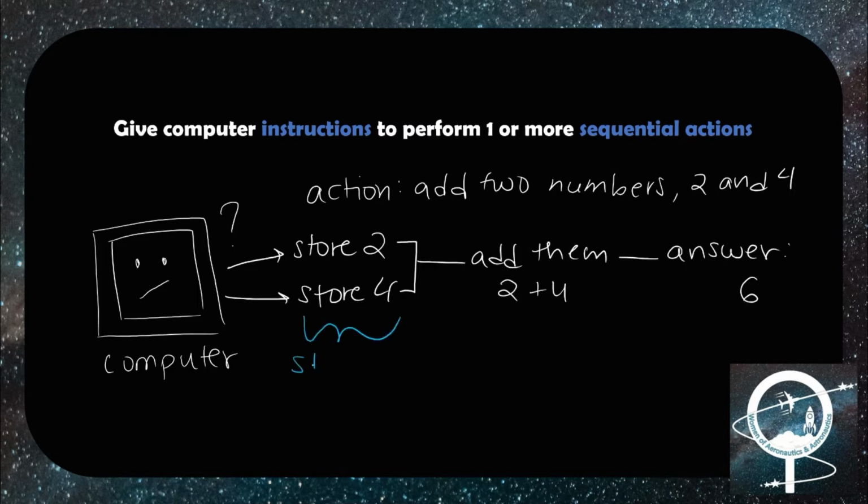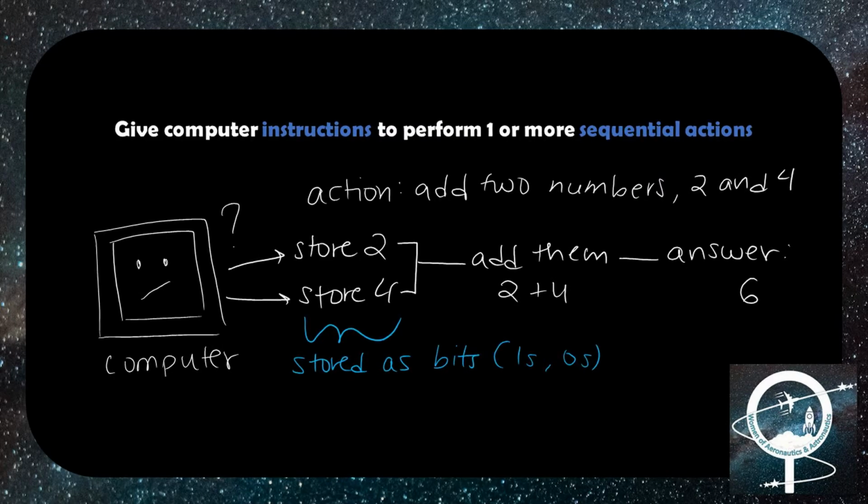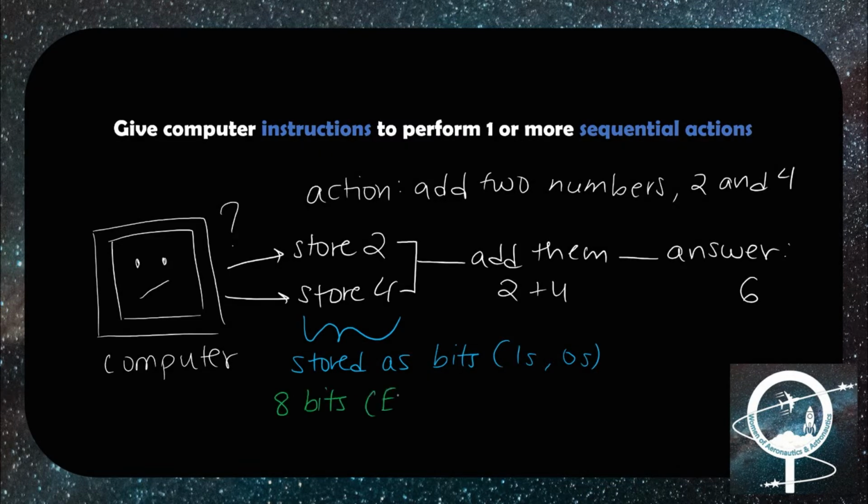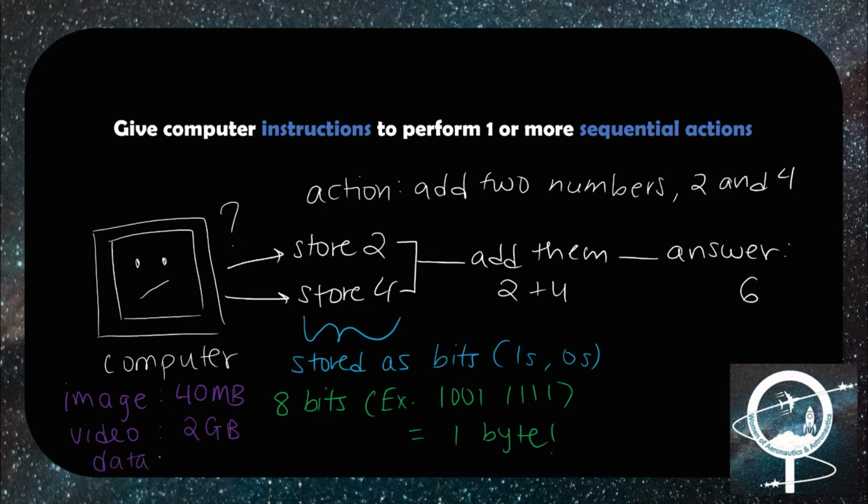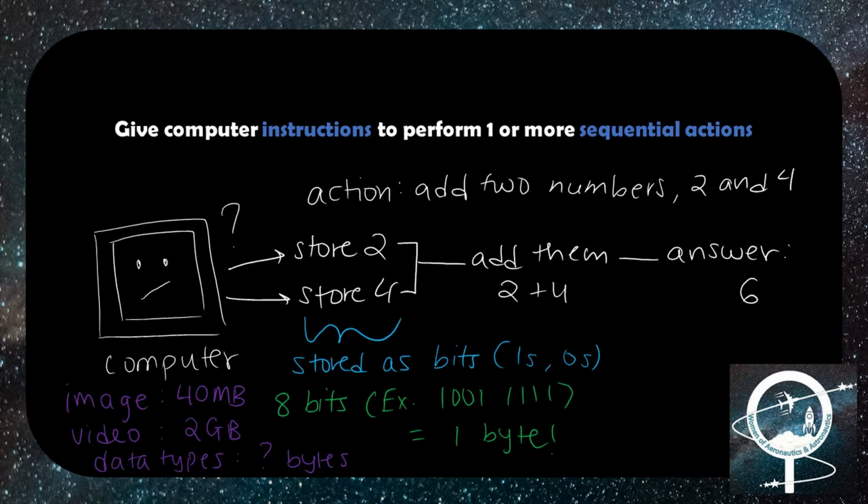These bits, which is a short form of binary digits, are basic units of information that represent a state with one of two possible values, 1 or 0. A group of 8 bits is called a byte, and we commonly use bytes to signify the file size of objects in a computer, such as an image being 40 megabytes, or a video being 2 gigabytes. Even a simple data type takes a certain amount of bytes of memory for a computer to store.